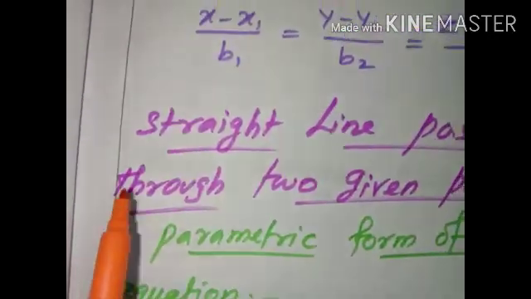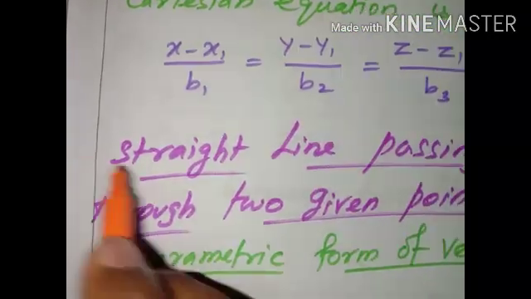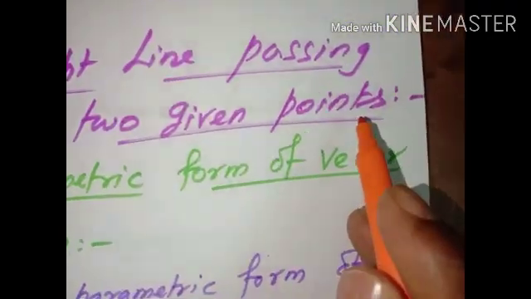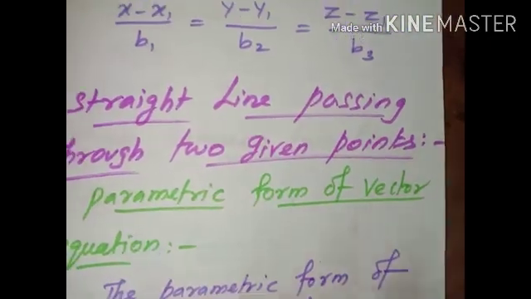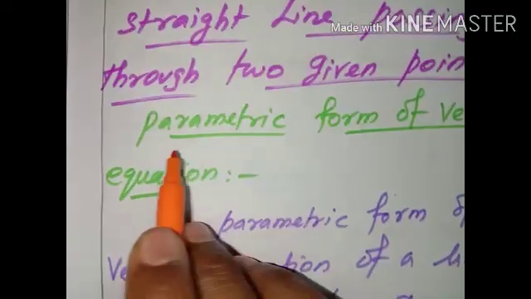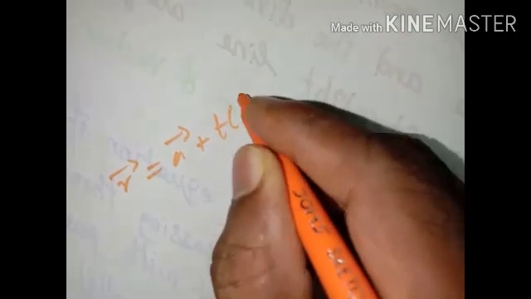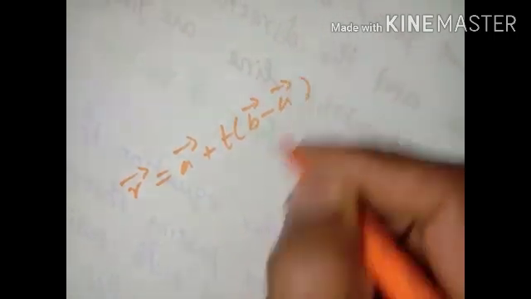Now the second formula: a straight line passing through two given points. The first point is the parametric form of the vector equation, r vector equal to a vector plus t into (b vector minus a vector).